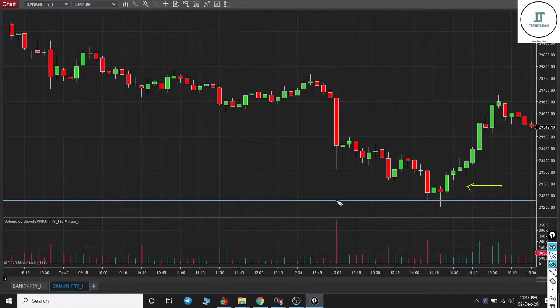What I will suggest, as the price is approaching the major reference level, a major support level, that is the failure auction of the sellers' low, and we are forming a bullish candle, I will plan for a buy trade above this zone, placing a stop loss below this. And as I said already, I will discuss how to set targets in my upcoming videos.